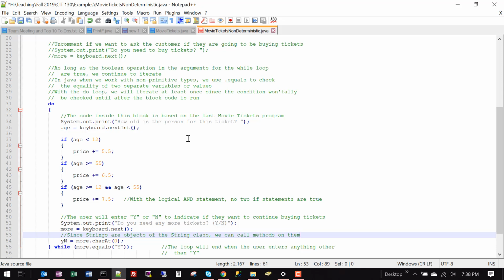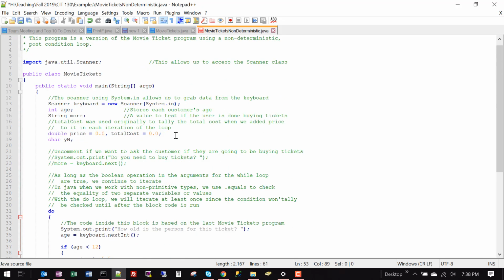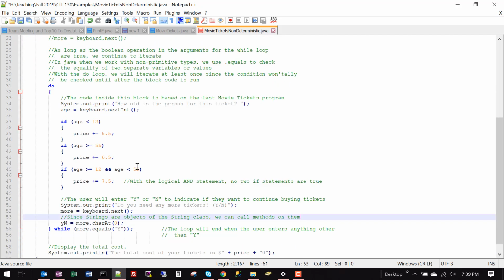And objects, the brief version that we're going to do before the midterm, are just variables where what's assigned to them are things made from the class. At this point we've done the Scanner, so keyboard is an object, and strings like more are objects.